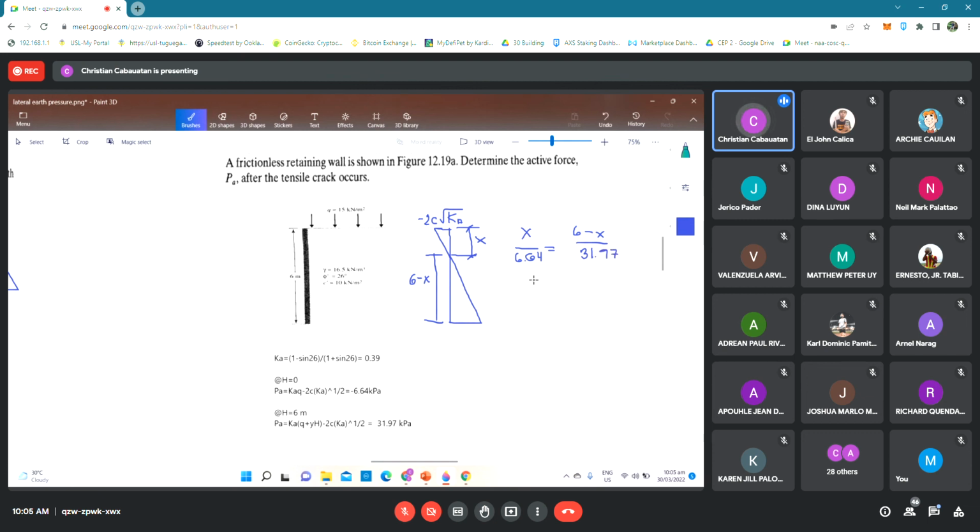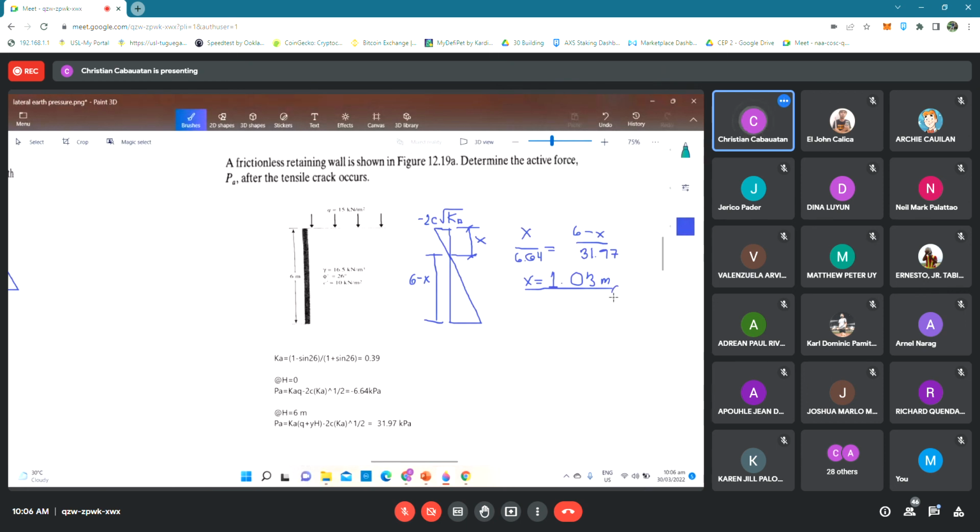Therefore, your X is equal to 1.03 meters. So that is your X.